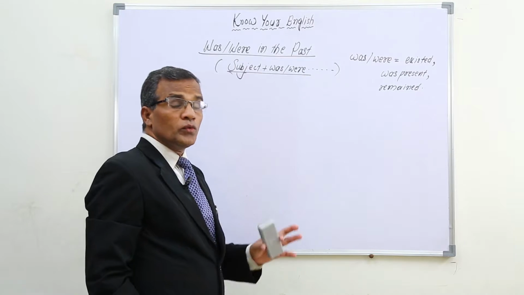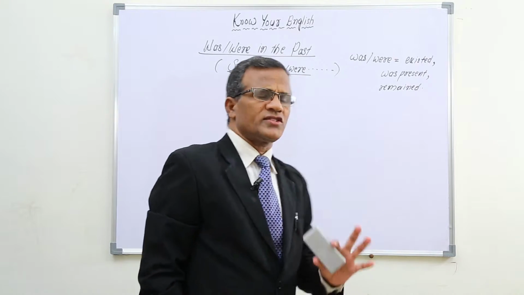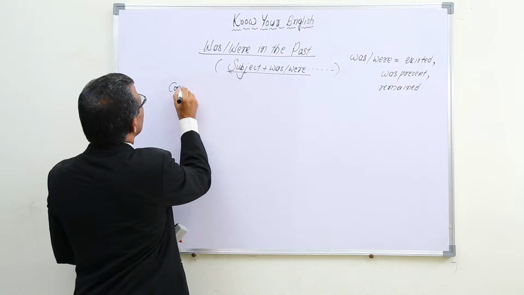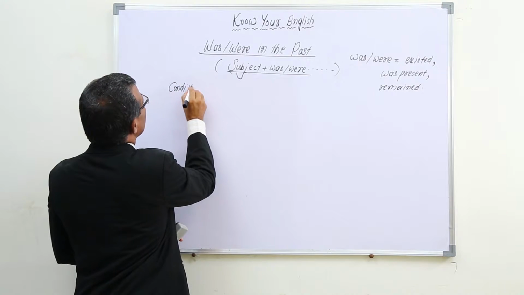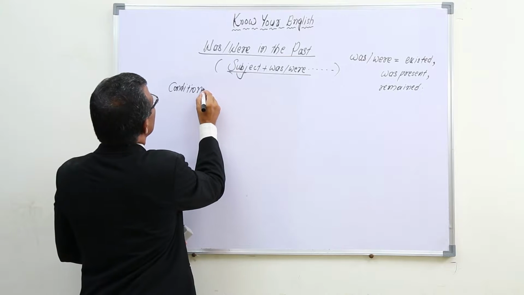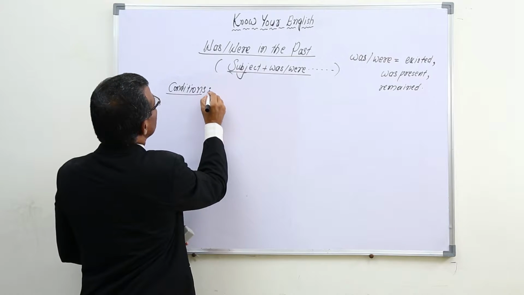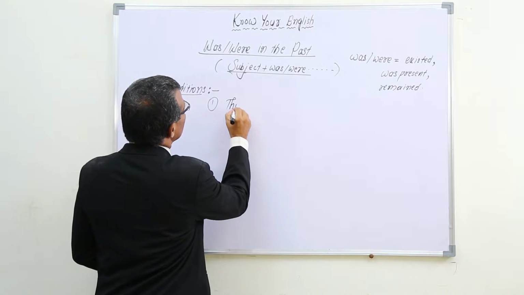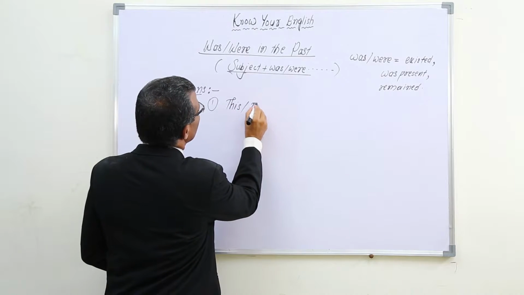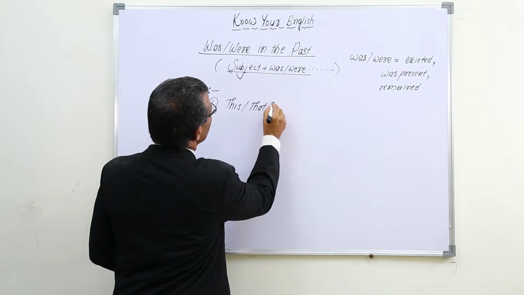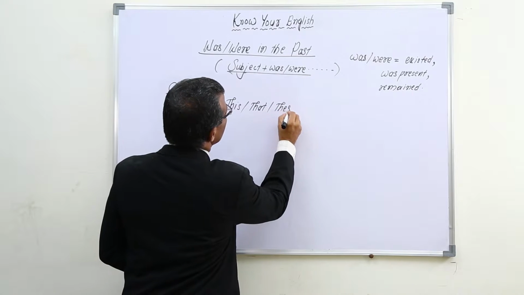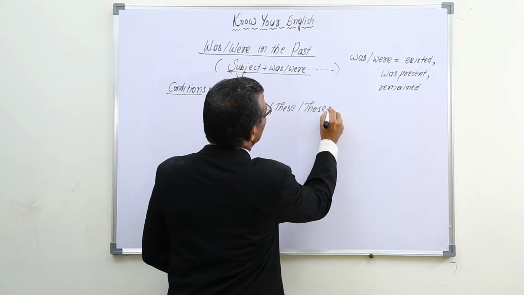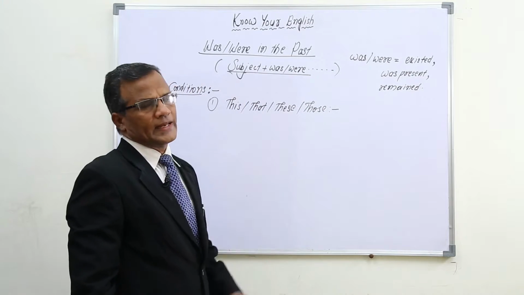So where do we use this structure? Under what conditions? Number one, with this, that, these, those, we use this was or were structure.